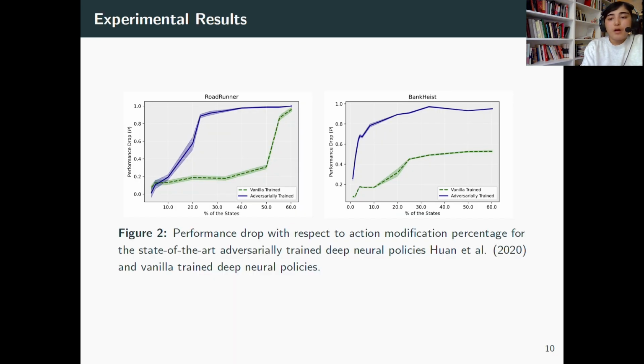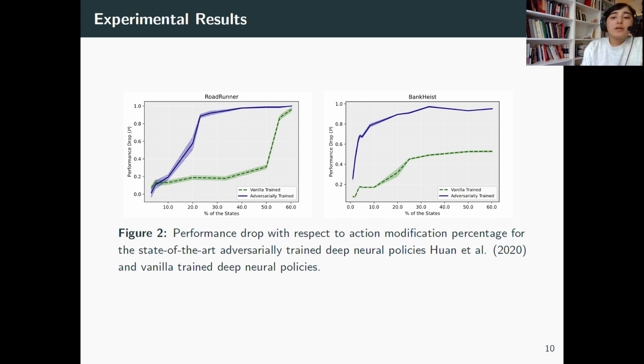Let's move forward to our experimental results. You can see here the results for RoadRunner and BankHeist. We plot the performance drop with respect to the probability P. And you can see there's a clear gap between the adversarially trained deep neural policies and vanilla trained deep neural policies. It's important to note here that this is a graph of performance drop.